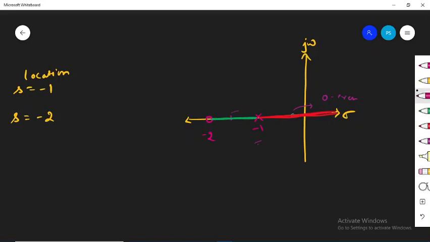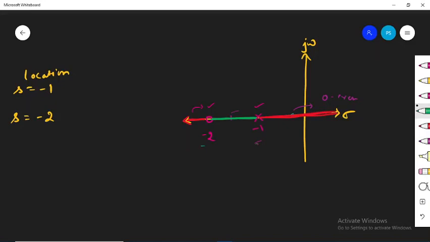Then again, if I take any point beyond this -2 towards -infinity, and look to the right of it, the total number of poles and zeros is 2. The number is even, hence the root locus won't lie in this entire territory. So the only portion where the root locus will lie on the real axis is between -2 and -1.